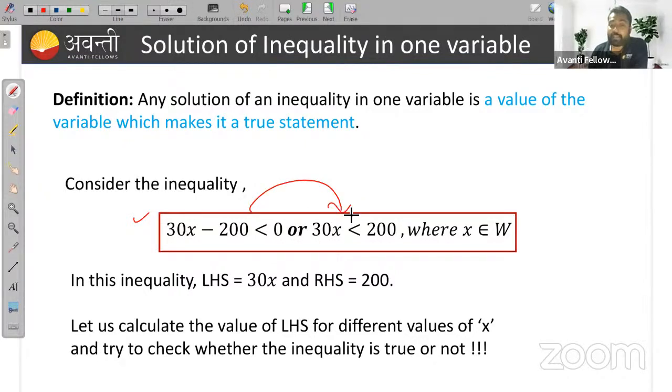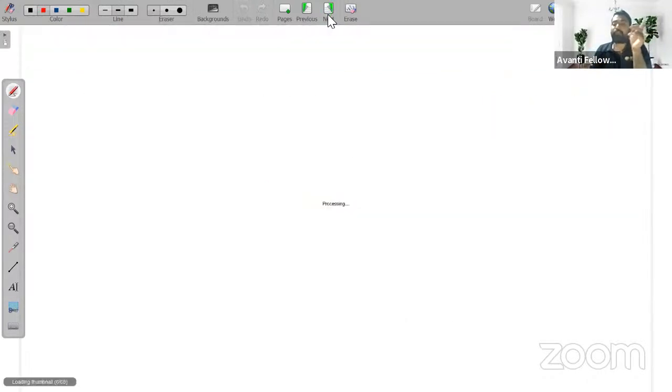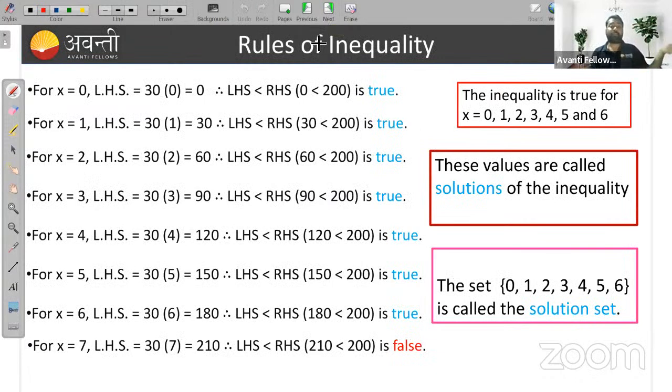That means we can write it as 30x less than 200, right? Where x belongs to whole numbers, it is given. So what are the solutions of this inequality when x belongs to W? We have discussed this already. So for which whole number values of x will this inequality be true? That is the required solution. So we need to find those x for which my inequality will be satisfied.